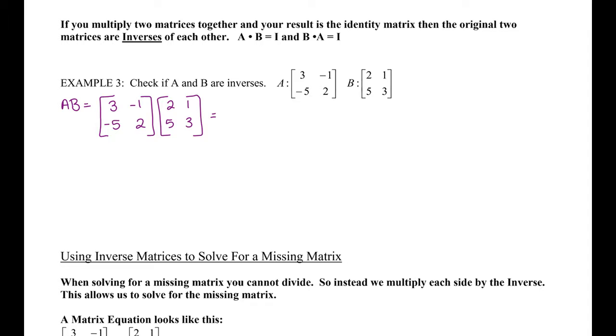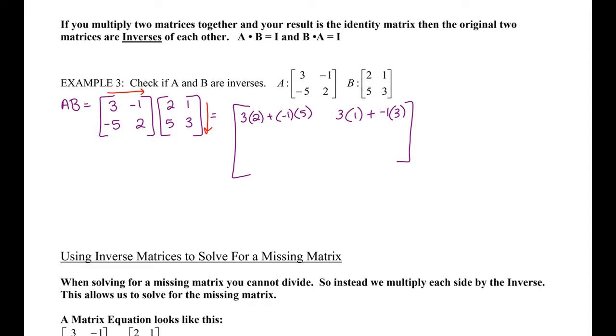Alright, so we need to remember that you're going to be multiplying across the rows and down the columns. And my answer matrix is going to be another 2 by 2 matrix. So to start, I'll have 3 times 2 plus -1 times 5. That's my top left entry. Then to get the top right entry, I'm going to use the first row and the second column. So I'll get 3 times 1 plus -1 times 3.